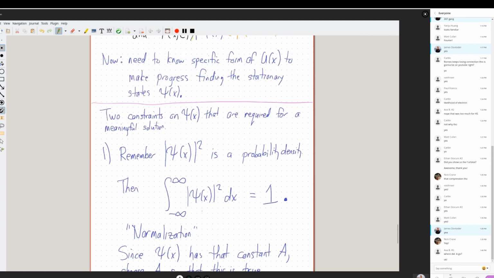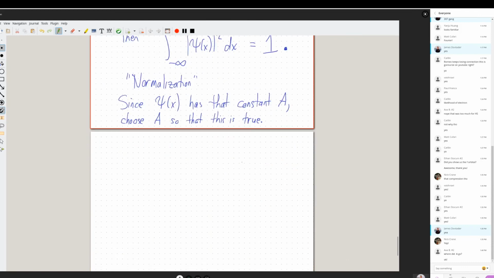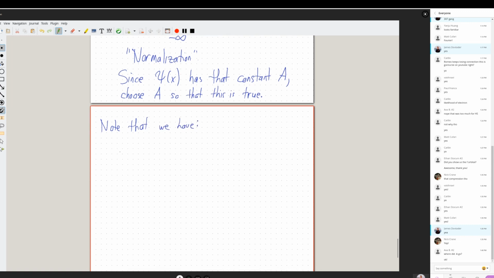The other one is, notice that minus h bar squared over 2m times the second derivative of psi of x, plus V of x psi of x, equals E psi of x. This has got a second derivative in it, right?